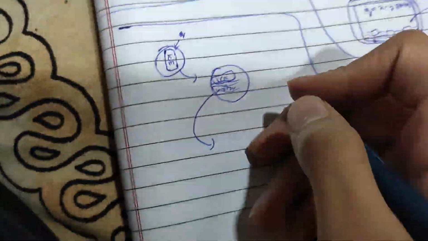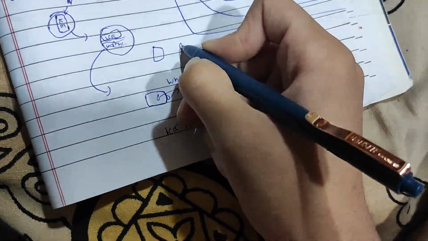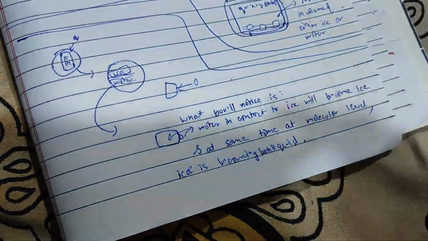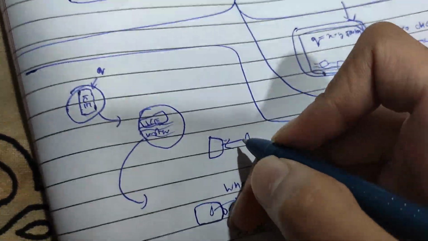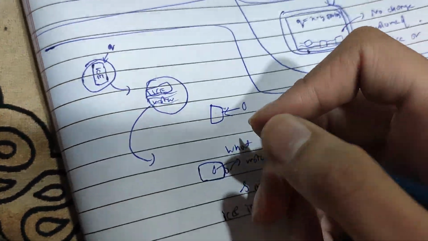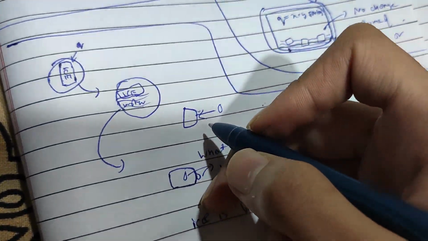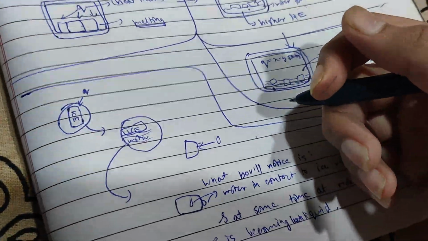So what you will notice is this is ice, and the water is here, it comes to the surface and eventually touches it. The water will come here at the surface and eventually it will stick to it. Now in a closed, isolated system, there is no leakage, so you can't get energy from anywhere for free.